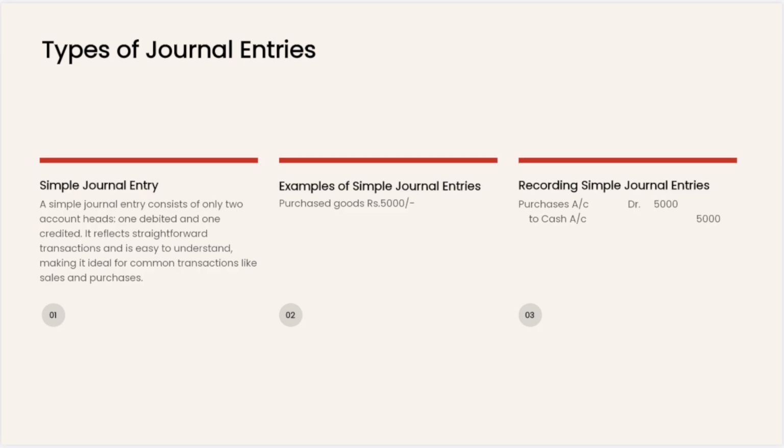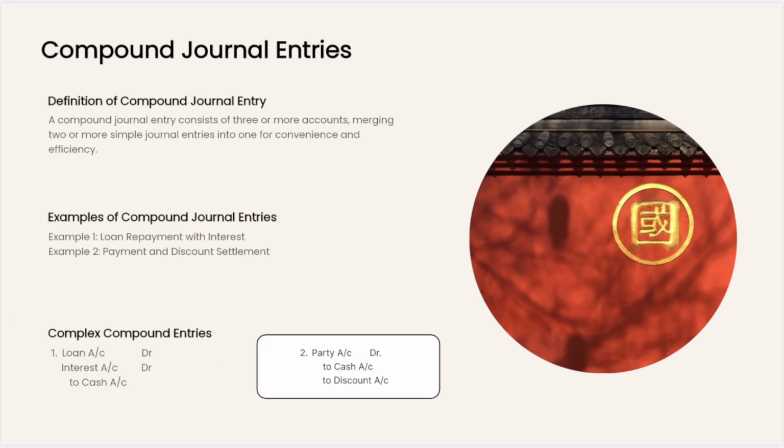Now we will see when multiple accounts come. It is called a compound journal entry, consisting of three or more accounts. A general journal entry has two accounts only, one on debit and one on credit. But in a compound journal entry there are three or more accounts, merging two or more simple journal entries into one for convenience and efficiency.